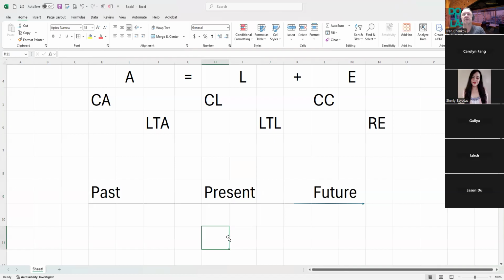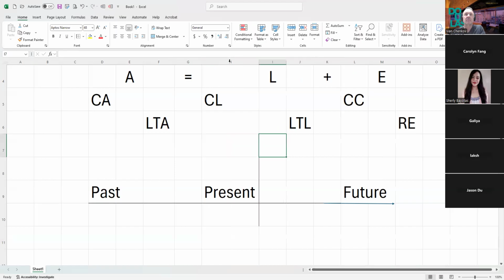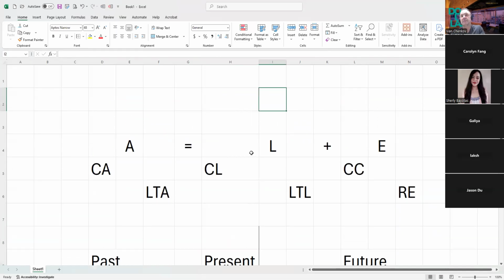So the question is, what's liability? Well, liability is related only and only to the present time. And usually the liability is recorded on the balance sheet.